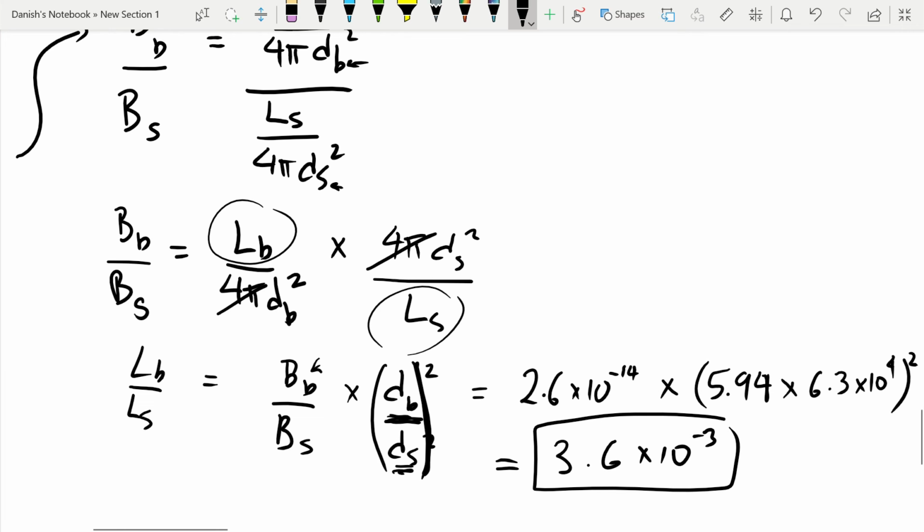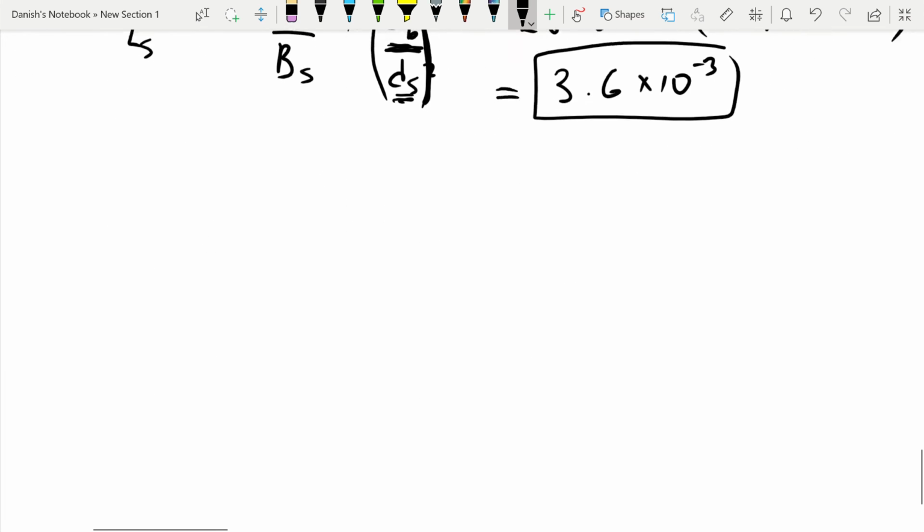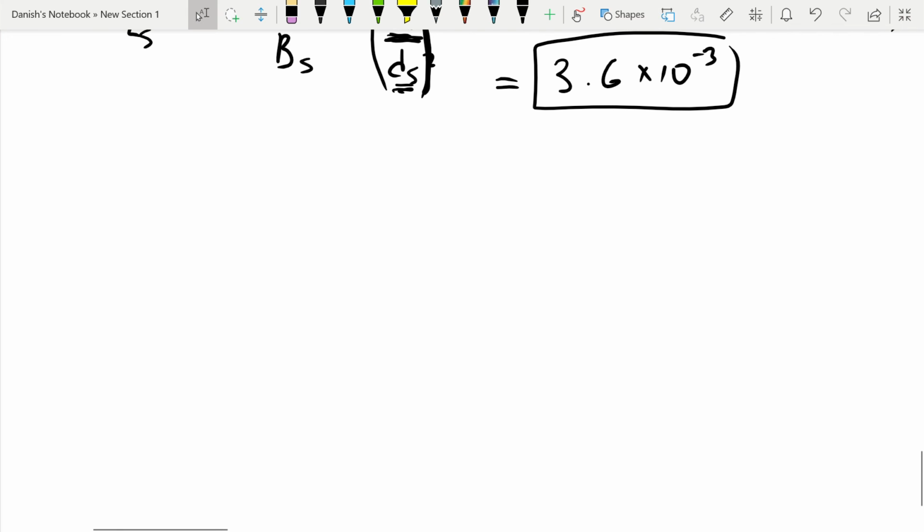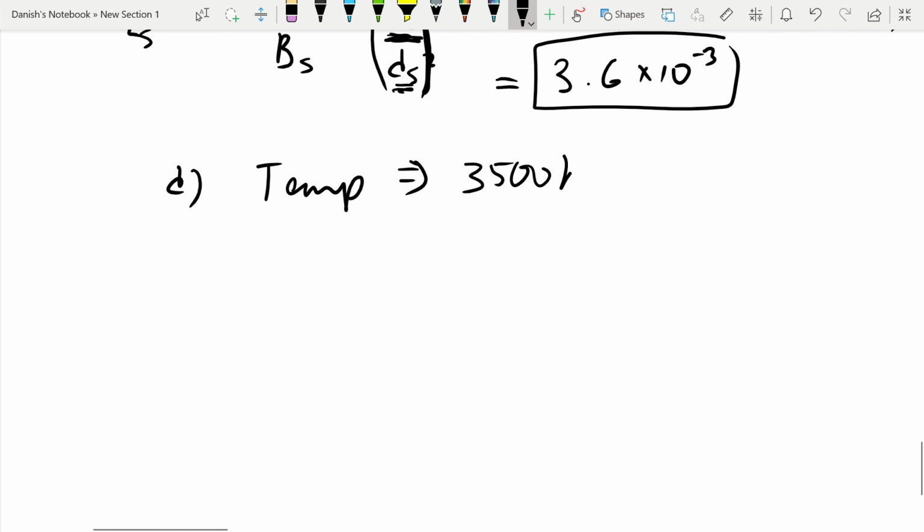with some calculator magic. With that, we move on to the final question, which is basically, we know that the surface temperature of Barnard star is 3500 Kelvin. So first, we have to mention why it cannot be a white dwarf.